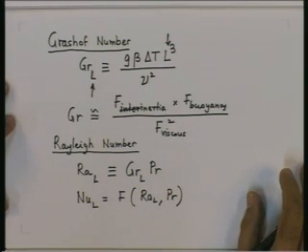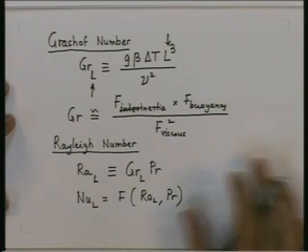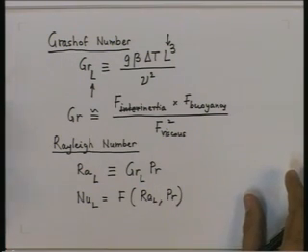Almost all natural convection correlations will have this general form, which is similar to the general form for forced convection, where we will have Reynolds number and Prandtl number. Now let us move on to situations of interest to us, and let us look at correlations for natural convection in those situations.